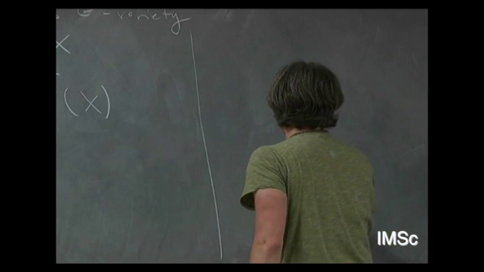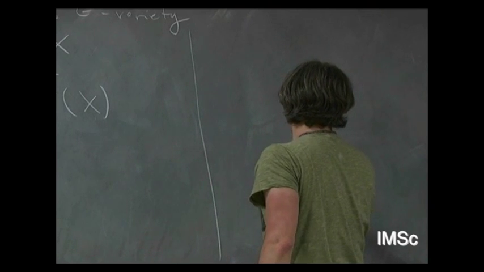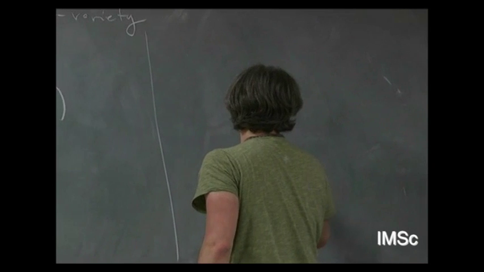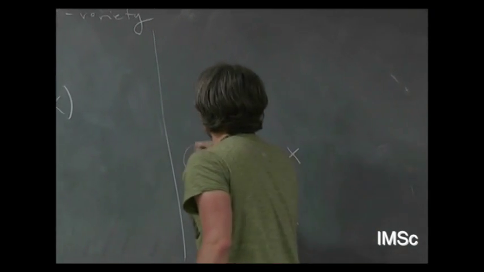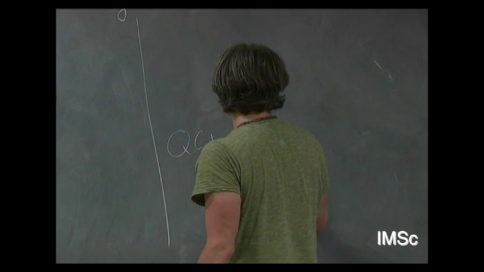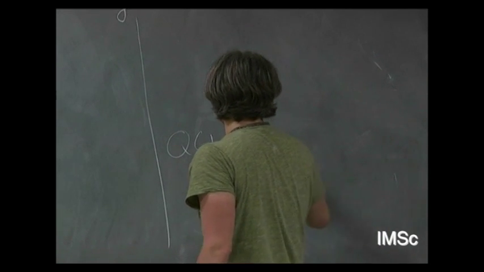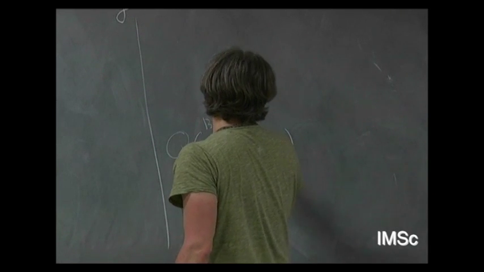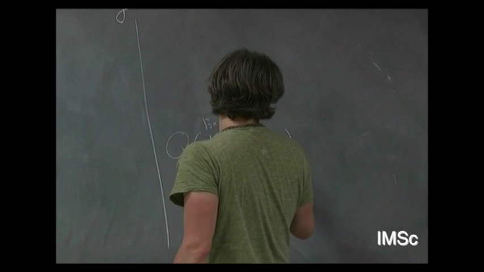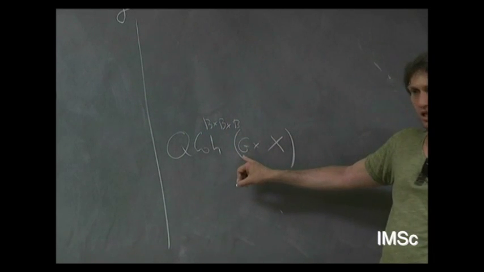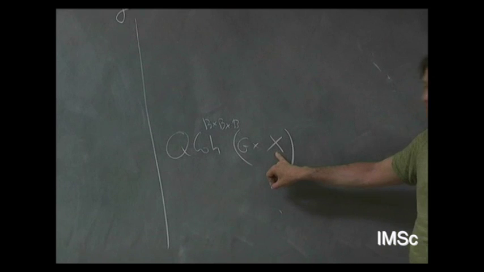So I have G times X, and then I'm taking quasi-coherent sheaves here, which are equivariant with respect to B times B times B, right? So there's 2 copies of B acting on G, and there's 1 copy of B acting on X.